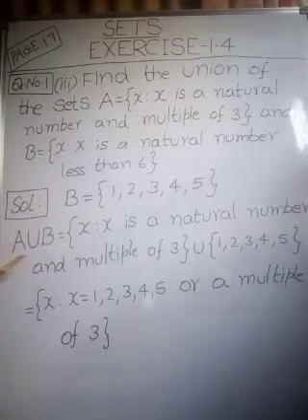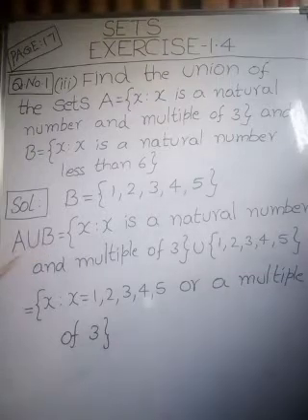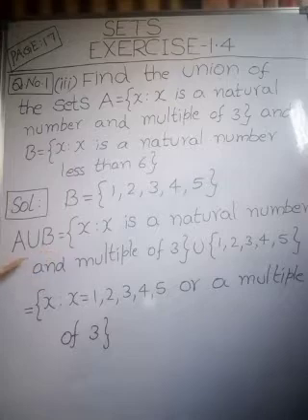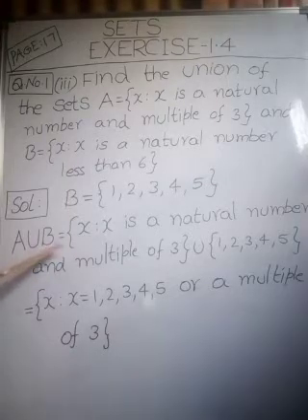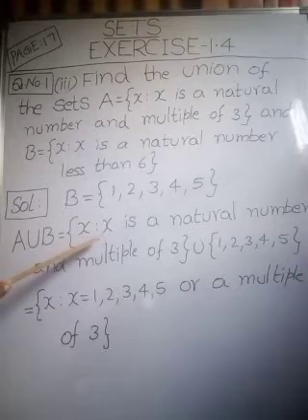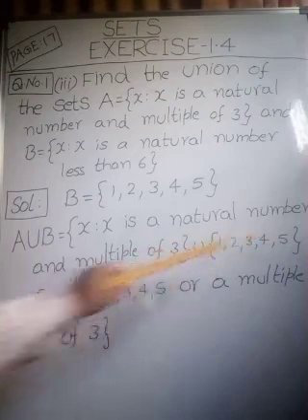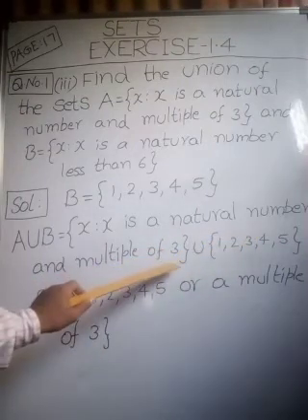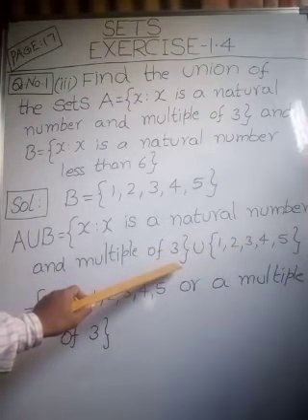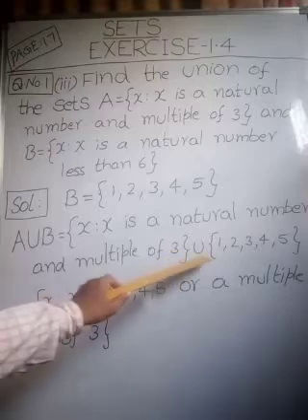Okay. Now we are going to find the union of these two sets A and B. So symbolically we write A union B. A union B is equal to the set of all x such that x is a natural number and a multiple of 3. I wrote here set A in the set builder form as it is in the union.